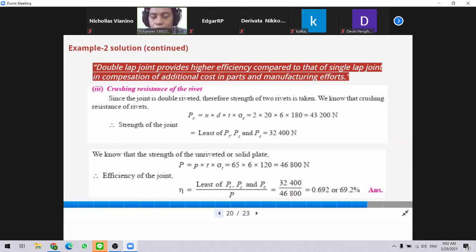We can increase the efficiency a little, about 9 or 10%, but the cost is abundant, too much effort.